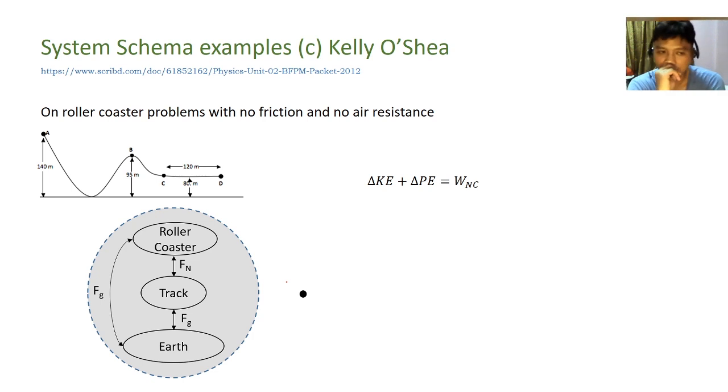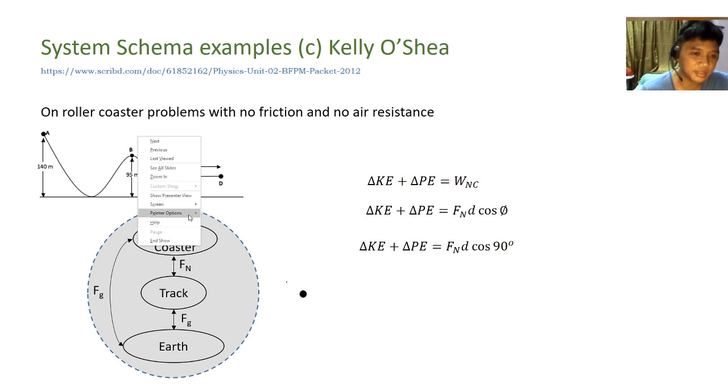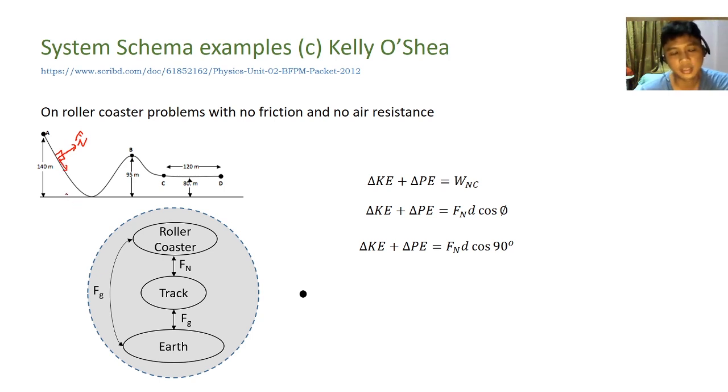But the good thing about the normal force acting on the roller coaster is that cosine 90 is always 0. 90 is the angle between the roller coaster's motion and the normal force. Let me just illustrate that. If the roller coaster is here, the normal force, which is always perpendicular to the surface, is also perpendicular to the direction of the roller coaster's displacement or distance traveled.